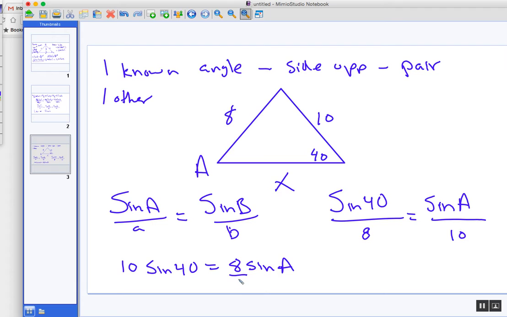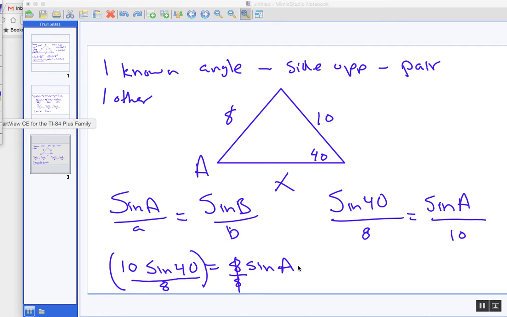So I'm going to divide both sides by 8. Here we have the sine of A is equal to this lovely mess. And at that point, you would grab your calculator and evaluate what 10 times the sine of 40 divided by 8 is.